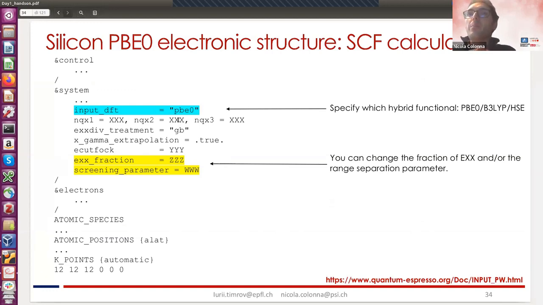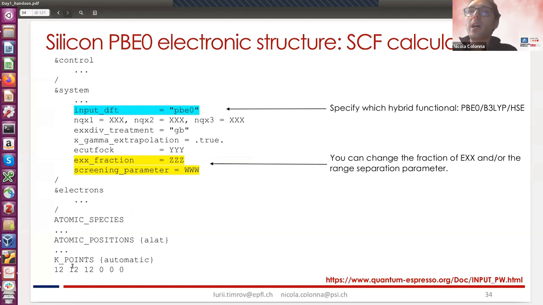Then you specify the number of q points you want to use, and something that I didn't stress before is that this q point mesh needs to be commensurate in any case with the mesh of k points you use in this flag. So in this case, it's 12 by 12 by 12, meaning that here this can be 12, 12, 12, or 6, 6, 6, 4, 4, 4, 3, 3, 3, or any combination.